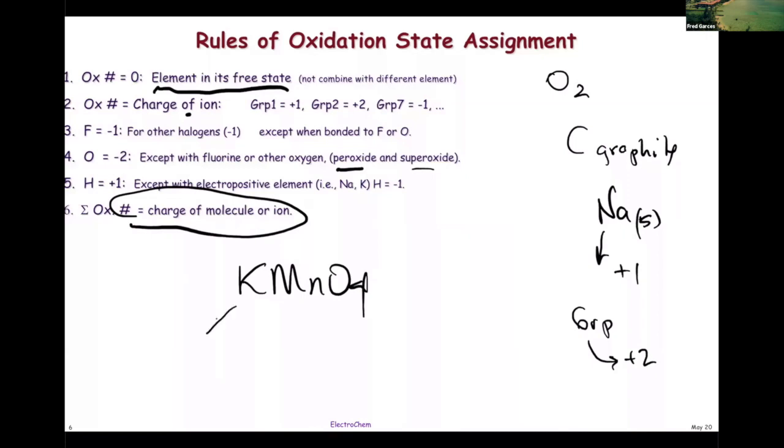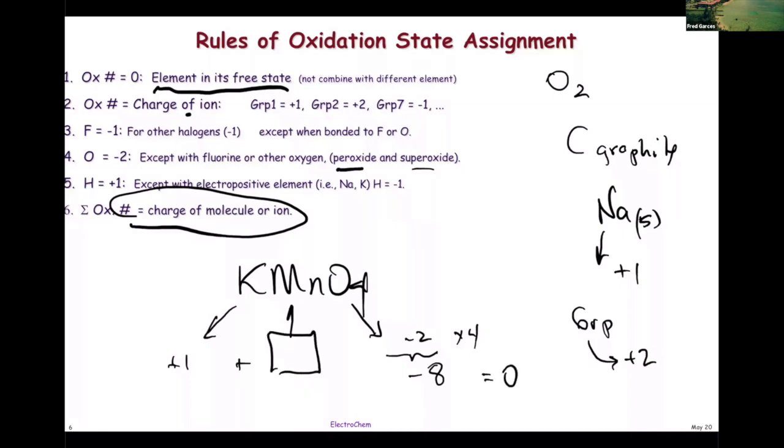We know that potassium, because it's group 1, is +1, oxygen is -2, but there are 4 of them. That's -8. And the question is, what therefore is the oxidation state of manganese? Well, +1 plus whatever manganese is, plus -8, is equal to 0.